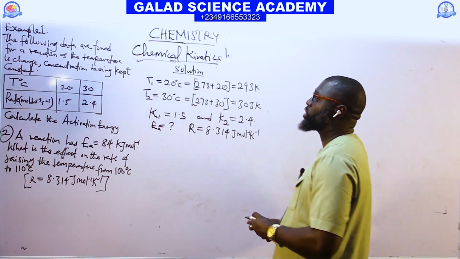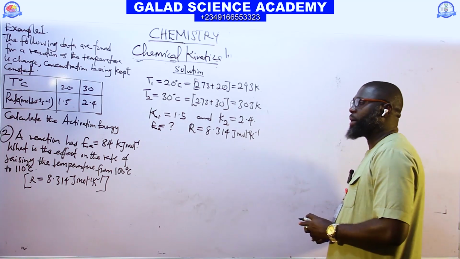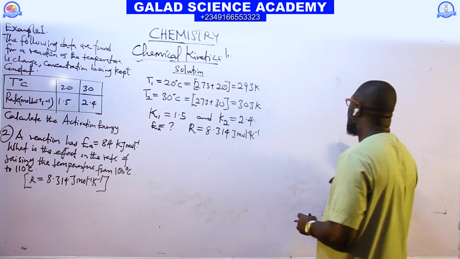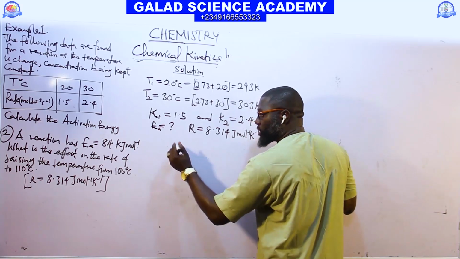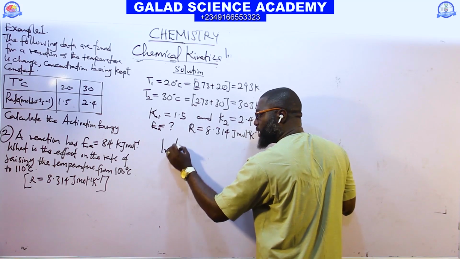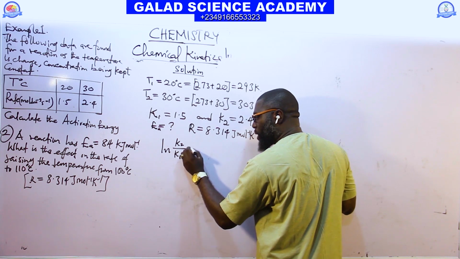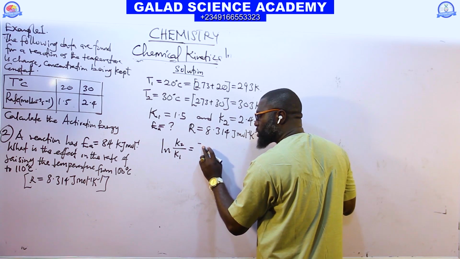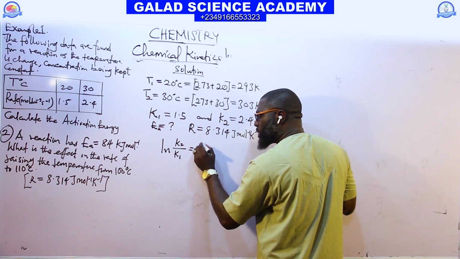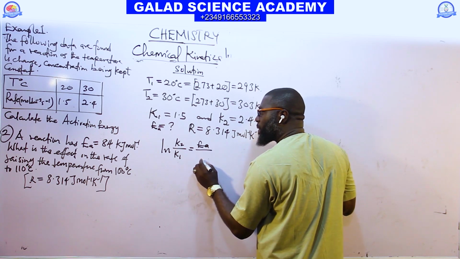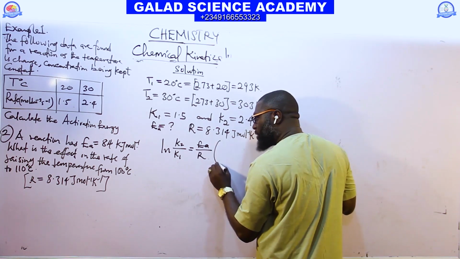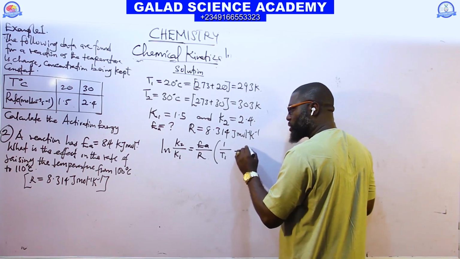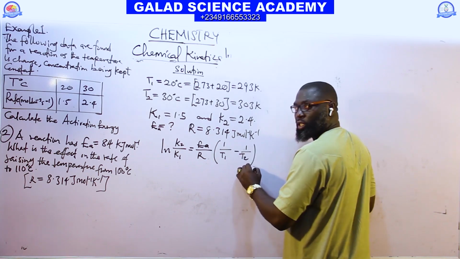To solve this kind of question, we will apply the Arrhenius equation. We say that ln k2 over k1 is equal to Ea over R times 1 over T1 minus 1 over T2.